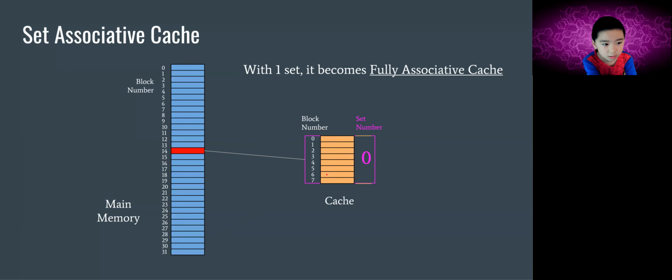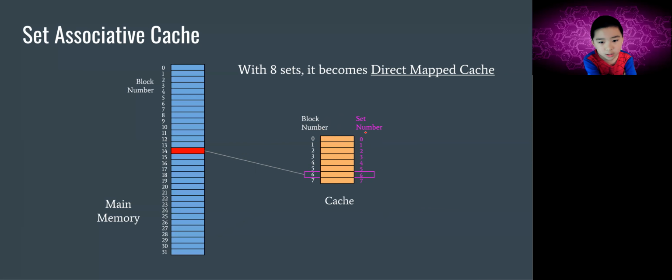As you can see, if we define only one set, which includes all locations in cache, then we get the fully associative cache. If we define 8 sets in cache, each set only contains one location. Then this becomes the direct mapped cache.